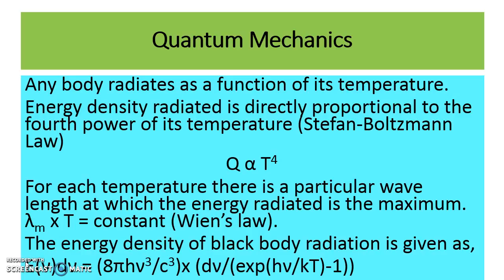The energy density of a black body radiation is given by this expression as shown here, wherein if you look, it has two parameters on the right hand side, one a constant characteristic of the radiation, another one with an exponential factor, which shows a ratio of h nu to kT corresponding to that particular temperature, this taking up a value of a constant.